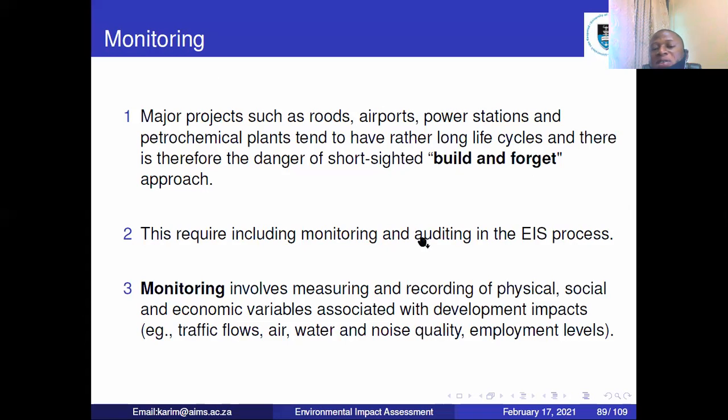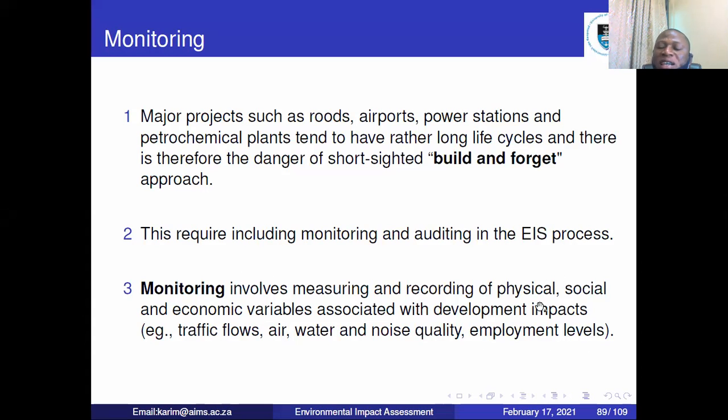It is required in the environmental impact assessment to have monitoring and auditing in the process. That will involve measuring and recording the physical environment, the social aspect, and the economic aspect.